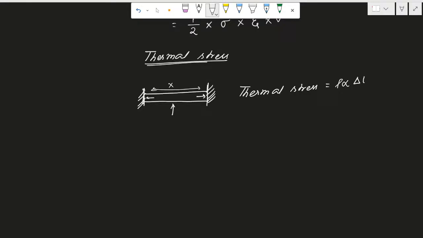Delta theta is not an angle, okay, it is the temperature difference. You can say delta T also. Some books write delta theta, some books write L alpha delta T. Both of them are correct. Delta theta or delta T is the temperature difference.